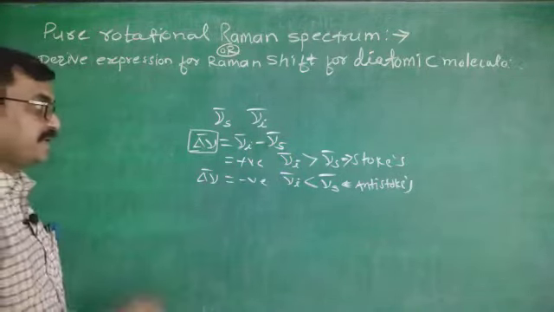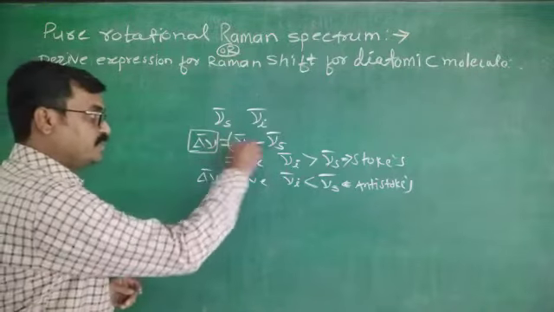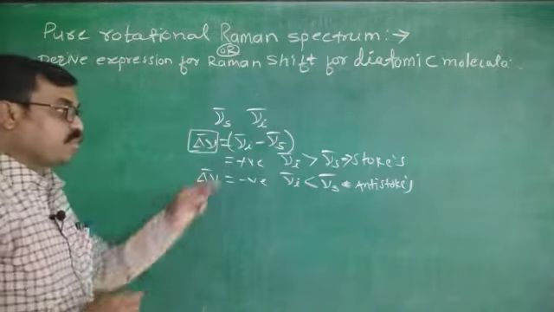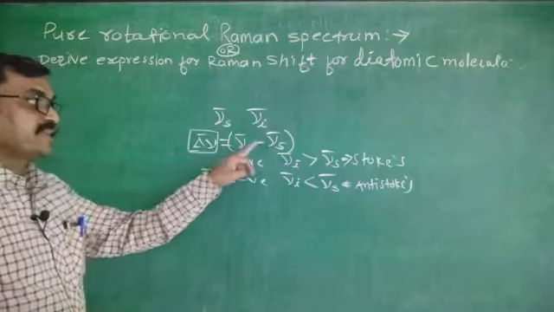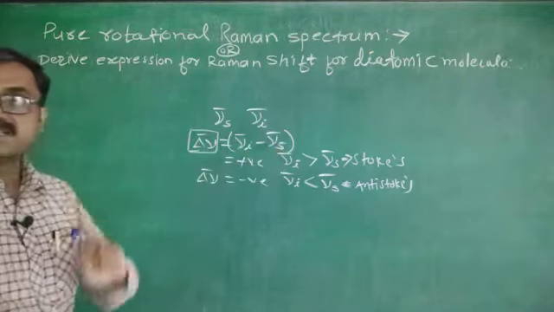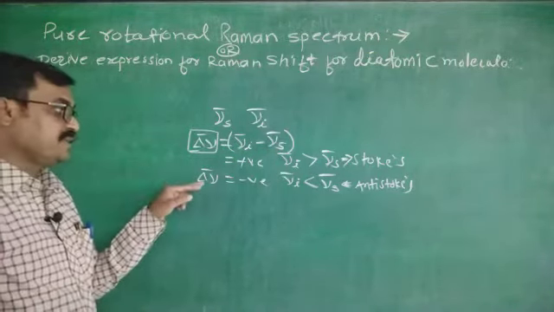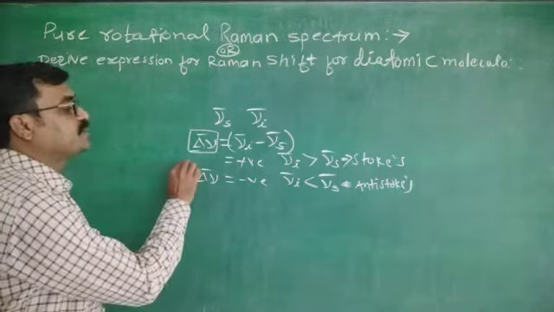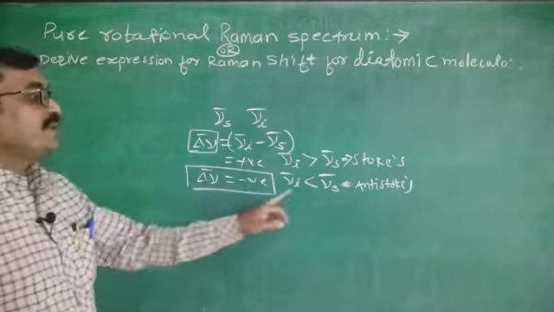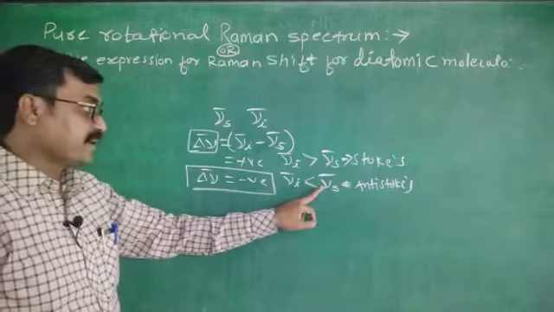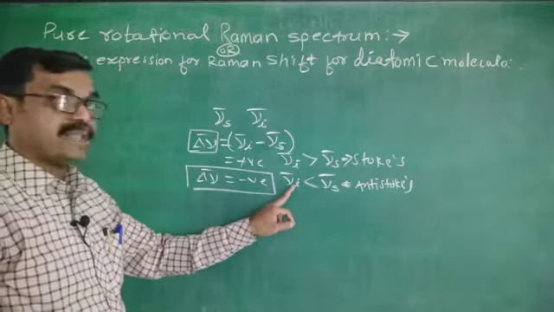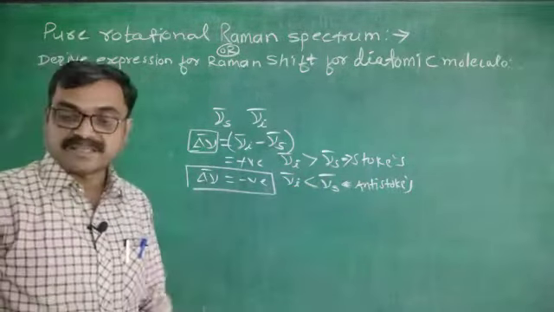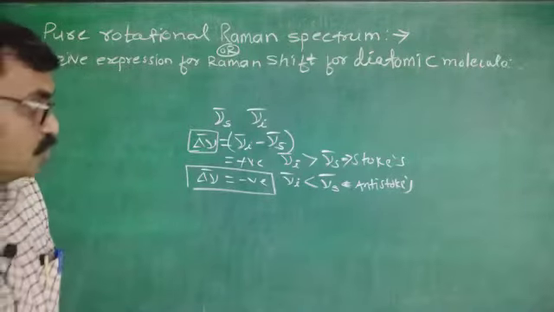When delta nu bar is positive, meaning nu I bar is greater than nu s bar, the Stokes lines are obtained, and the Raman shift is negative when nu s bar is greater than nu I bar, then the anti-Stokes lines are obtained. Up to this you know.